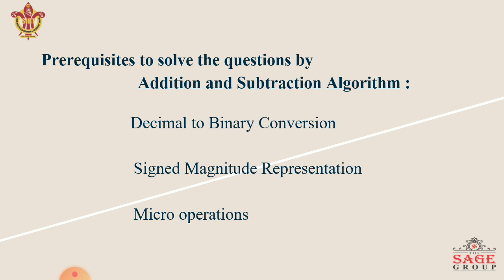So decimal to binary conversion: if we solve the questions, it is required to convert decimal to binary and binary to decimal. After that, sign magnitude representation. This topic we also covered already in the multiplication algorithm, and some micro operations are also used in the addition and subtraction algorithm.